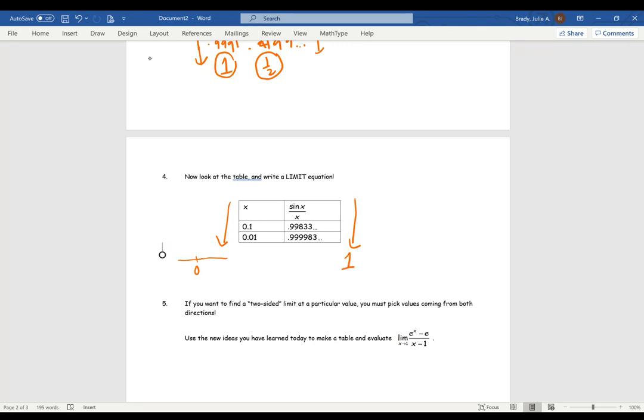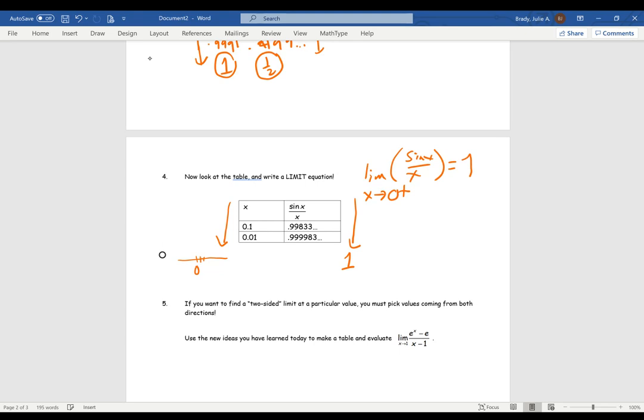So we would write the limit as x approaches 0, but these numbers are a little bigger than 0, so from the right, of the function sine x over x, those outputs are getting closer and closer to 1.